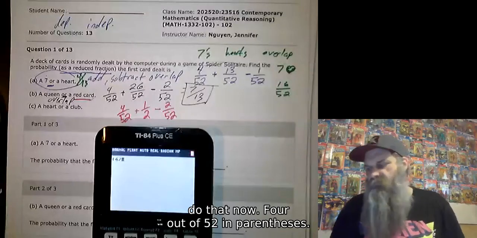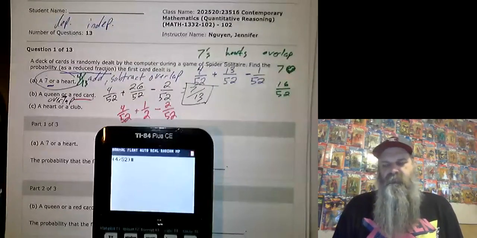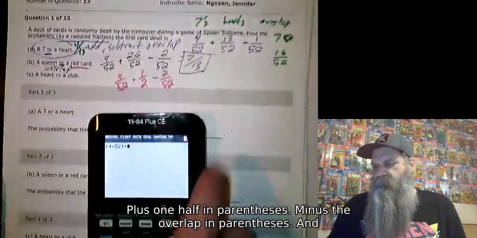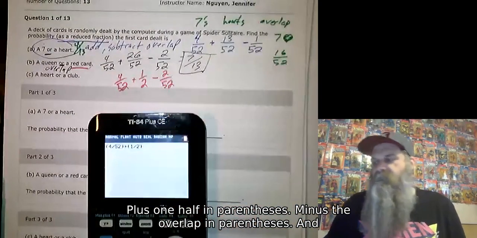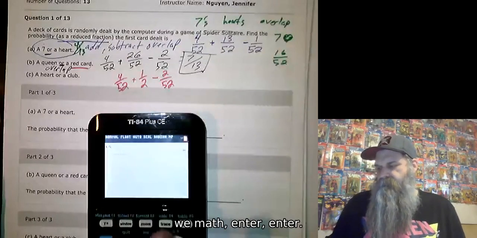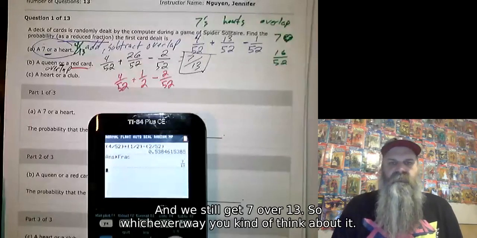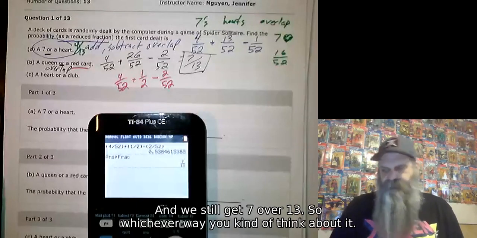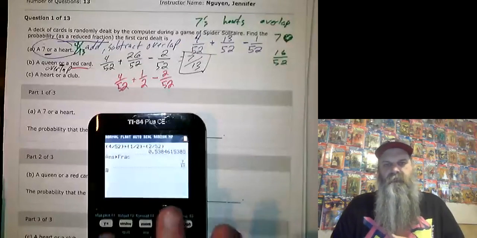So let's do that now. 4 out of 52 in parentheses plus 1/2 in parentheses minus the overlap in parentheses. And we press math, enter, enter, and we still get 7/13. So, whichever way you think about it.